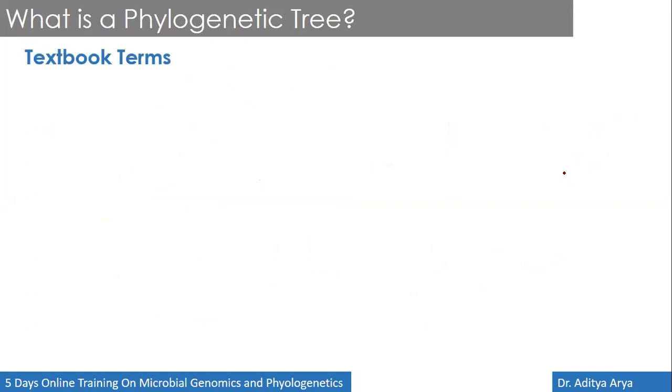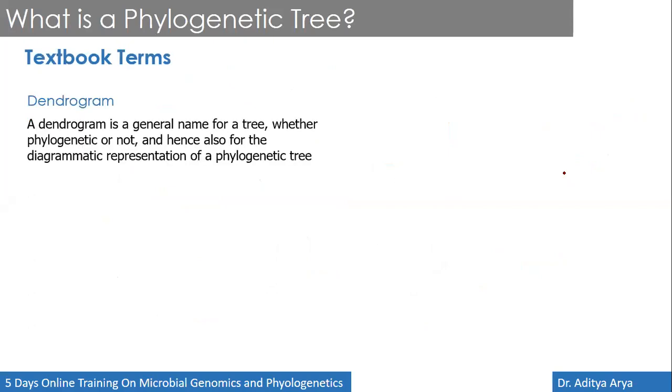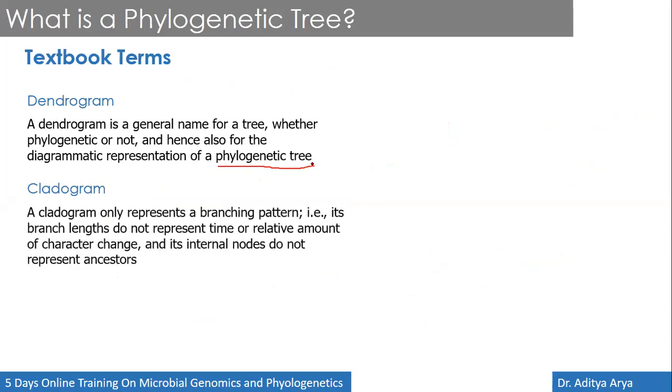Now let's go back and look at some of the more textbook terms to make it clearer. You will hear a lot of textbook terms while you do phylogenetic analysis. One of them is called a dendrogram. A dendrogram is a general term which includes phylograms and cladograms. So when you are doing phylogenetic analysis, whether you are considering evolution or not, anything that looks like a phylogenetic tree can always be called a dendrogram.